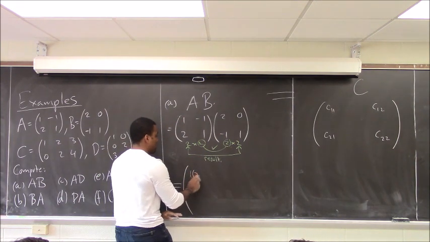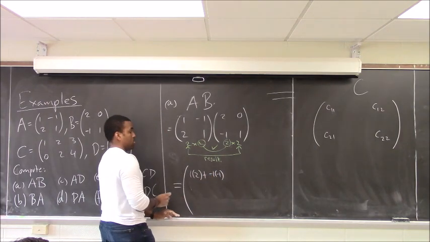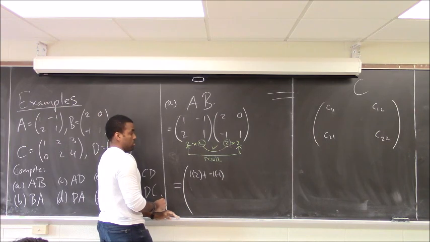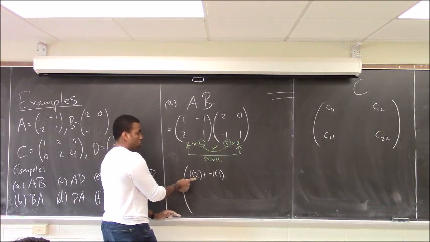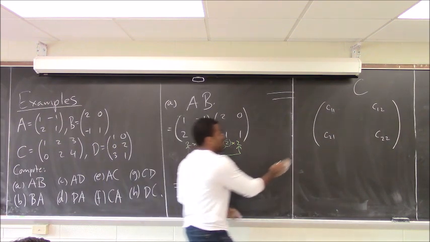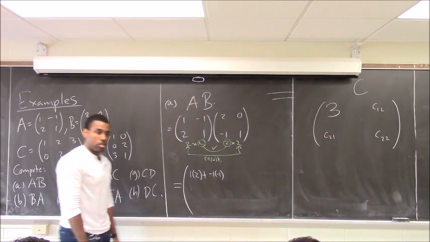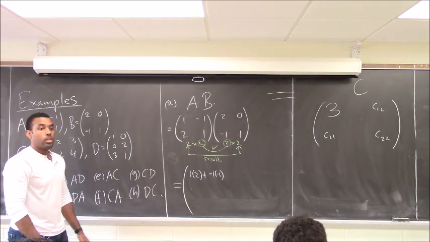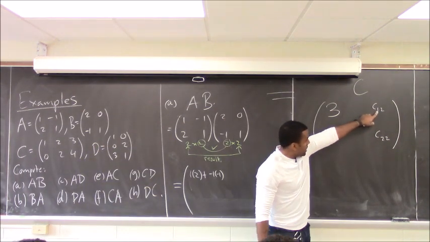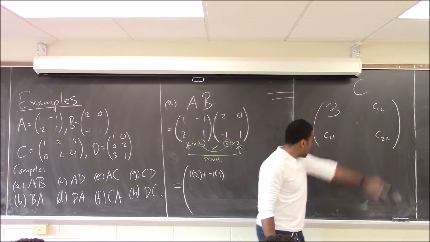So that's 1 times 2, plus minus 1 times minus 1. Right? Row times column. Now 2 plus 1 is going to be 3. So that's the first number. I'm going to do it again. So C12 means take the first row of A, dot product with the second column of B.